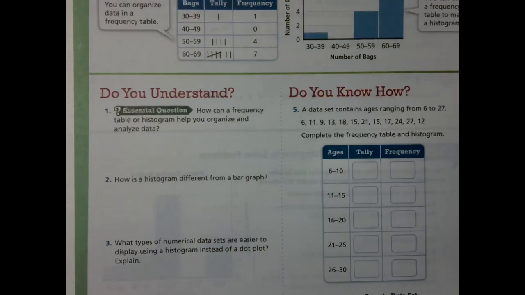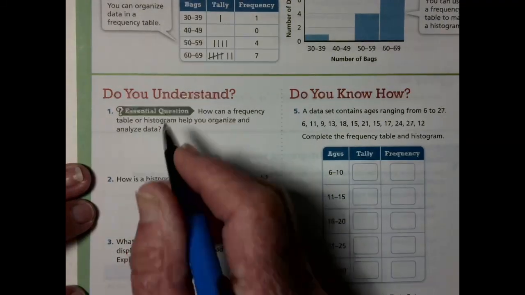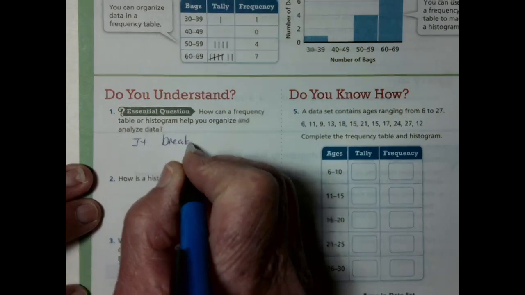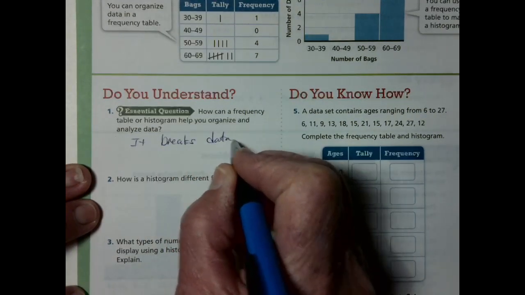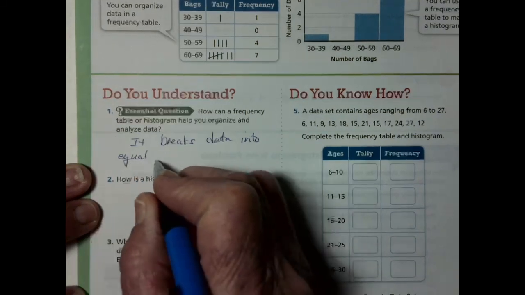How can a frequency table or histogram help you organize and analyze data? Well, we take data and break it into equal intervals. It breaks data into equal intervals.